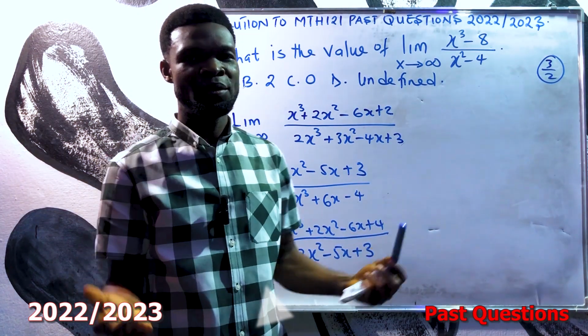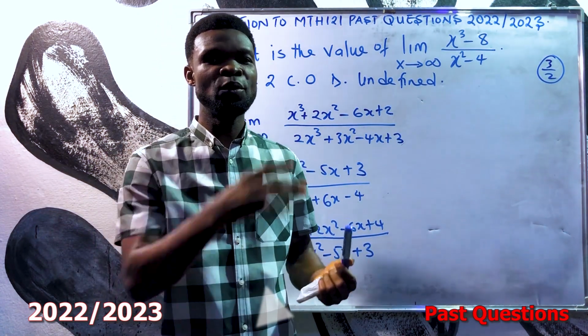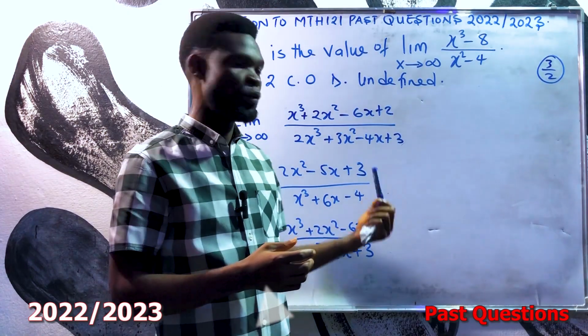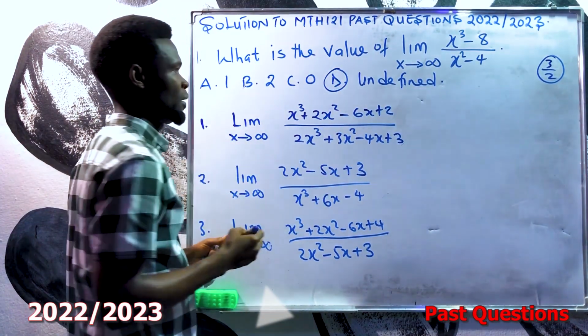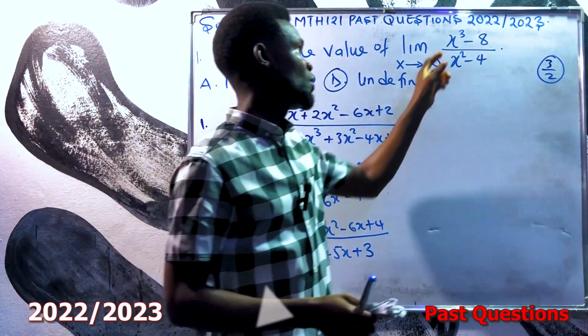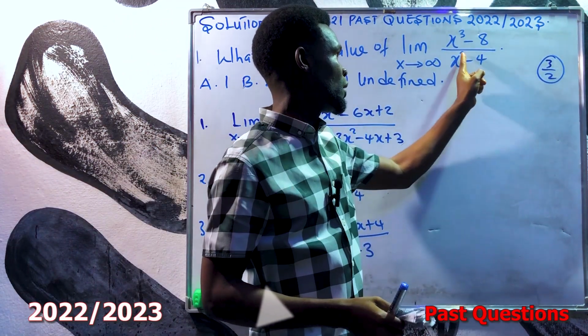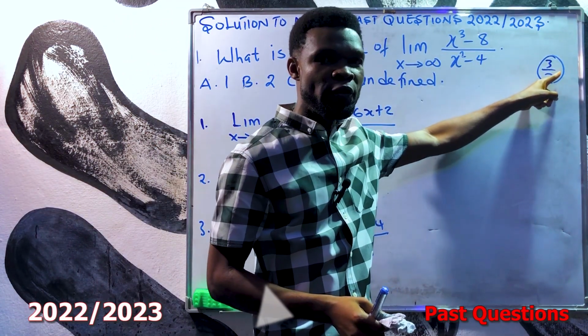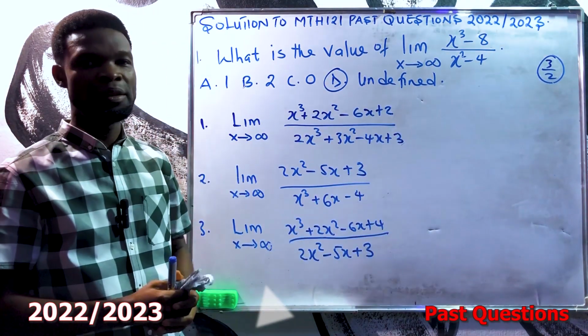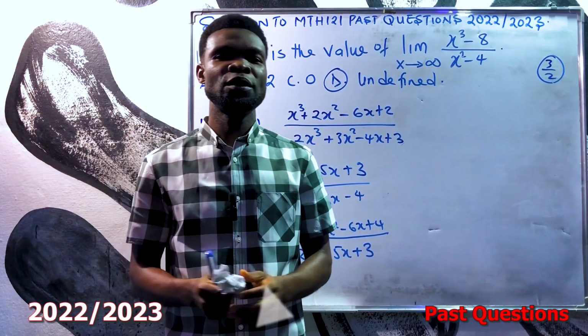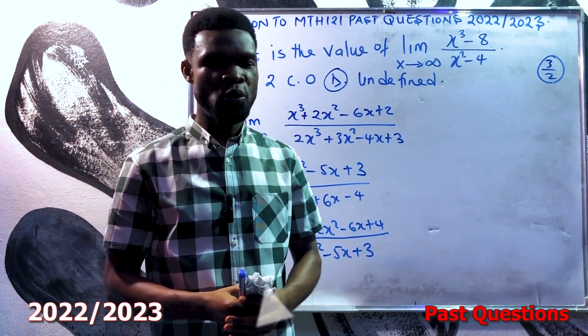So what do you think will simply be the answer from what I have illustrated before now? The answer is simple, undefined, because the highest degree of the numerator is 3 and that of the denominator is 2. That is improper fraction. So the answer is simply undefined, option D. So that's exactly how to provide solution to that question.